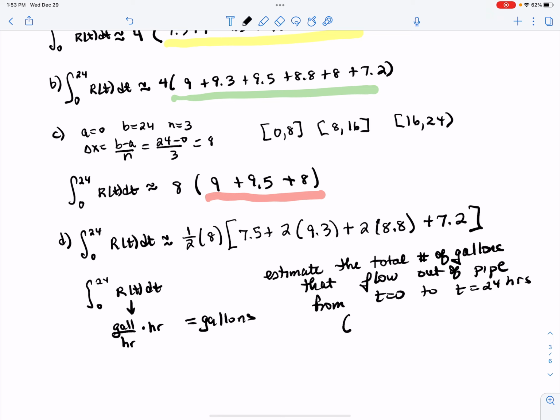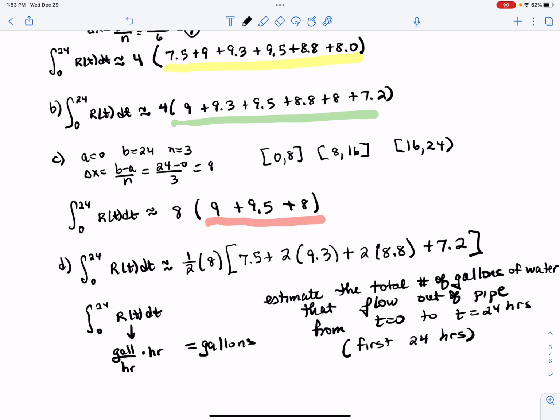Or we could say the first 24 hours. And even to be more precise, I think it was water, right? The total number of gallons of water that flow out of the pipe in the first 24 hours.